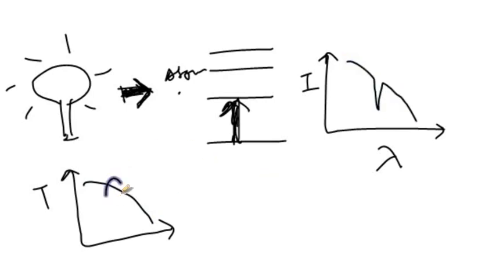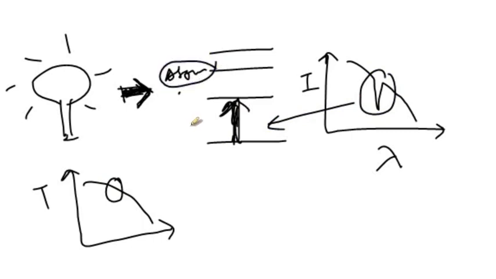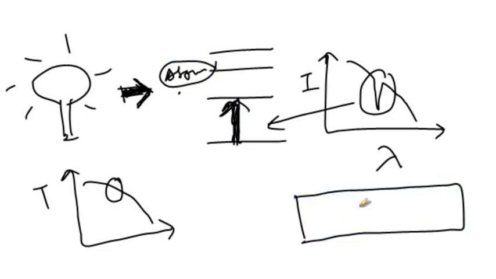There is no problem over here because there was no absorption. But this part corresponds to the absorption by this atom. This is the culprit, which is called the absorption line. So this time you will observe a dark absorption line.